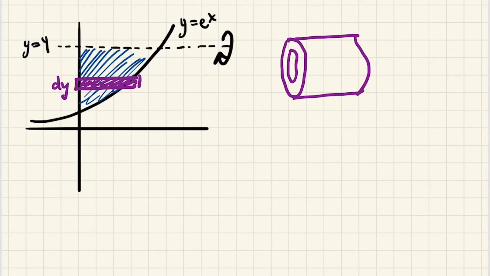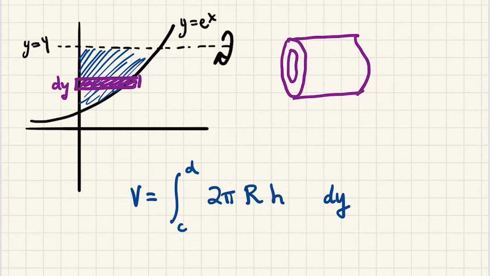Okay, so we will set this up as shells, and we know that this is going to be y values c to d, and we're integrating dy, and we know we're using the shells method, so that's 2 pi r and h, and all we need to do is figure out what r and h are.